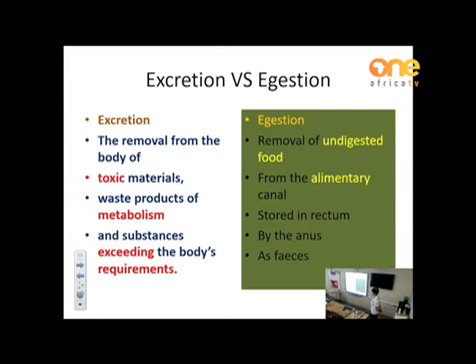Good. Okay. And then there is another word that we can confuse now with excretion, and that word is secretion. I also made an opening for the word secretion. What is a secretion?